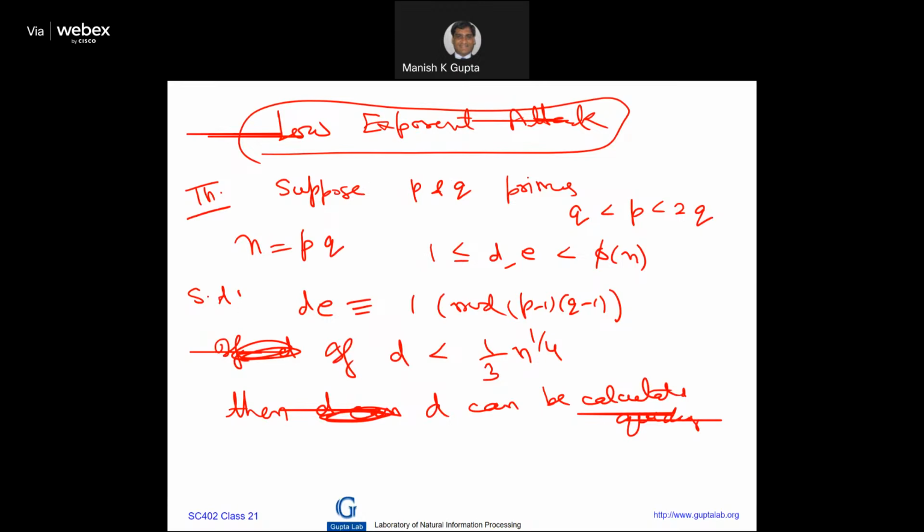So that is the low exponent attack. If P and Q are prime numbers, with the first condition and another condition, and finally, if this happens, then D can be calculated easily.